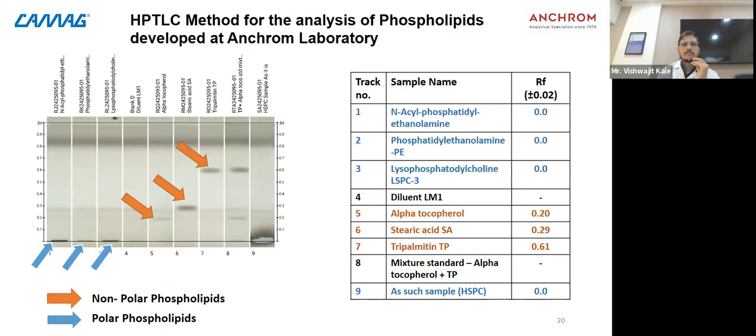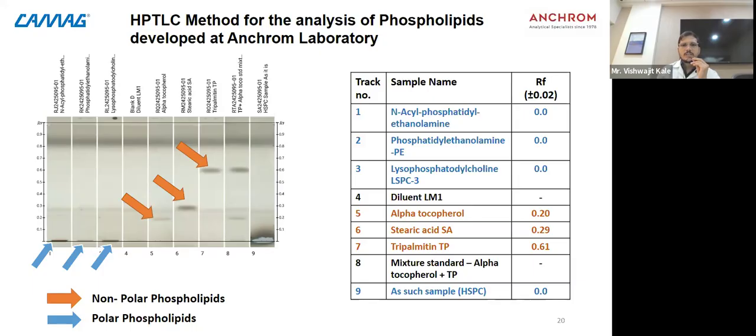These are 3 polar phospholipid impurities remaining at the bottom, not rising up with this mobile phase, because this mobile phase is non-polar in nature, developing only alpha tocopherol, stearic acid, and tripalmitin. These are 3 non-polar impurities in the main substance.